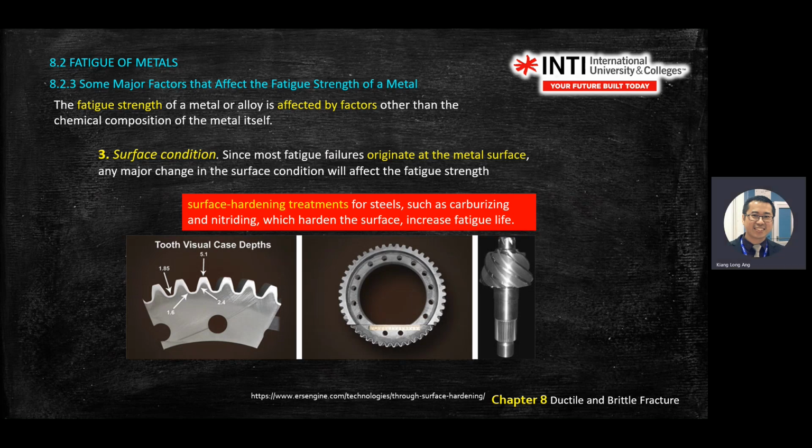So this gear, they will do treatment. They will heat all this gear to make it stronger. So these are all the rotating mechanisms, all these gears here, they are heated up to strengthen the material.